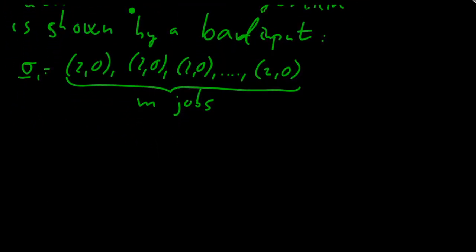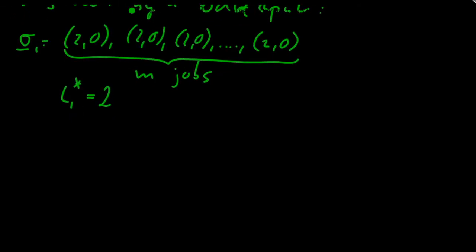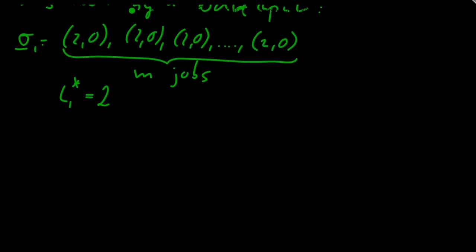And now for this part, the optimum for the first input is just 2, of course. Now the thing is, if I'm just throwing in these jobs, then a deterministic algorithm can schedule some of them.